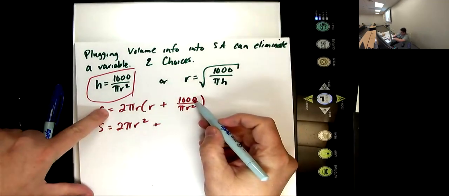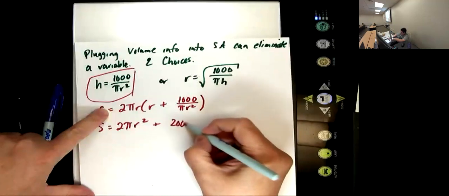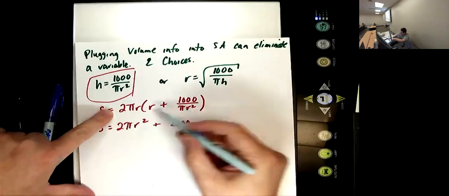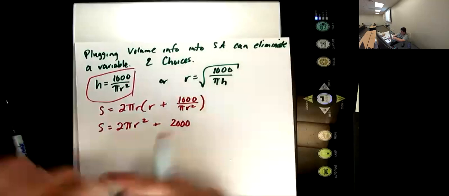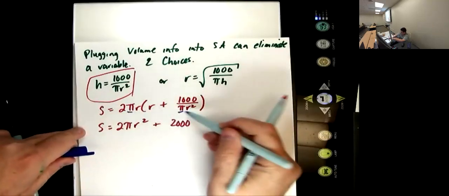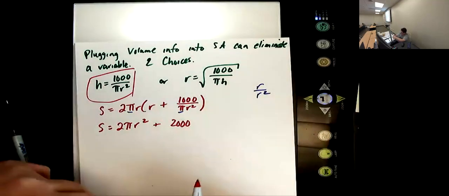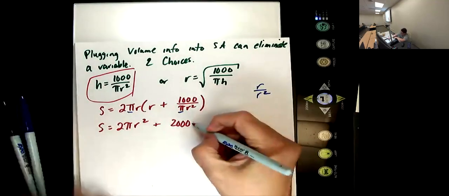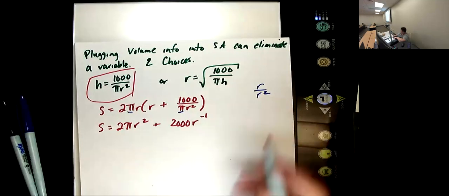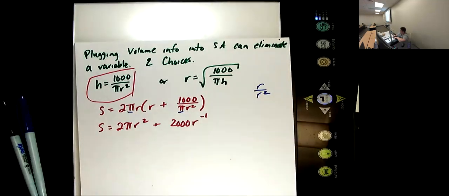Two times 1000 is 2000. The pi's cancel for the h term. And I have r over r squared, which I'm going to put as r to the -1, because I think that's easier to do than having it in the bottom in terms of our next step, the derivative.